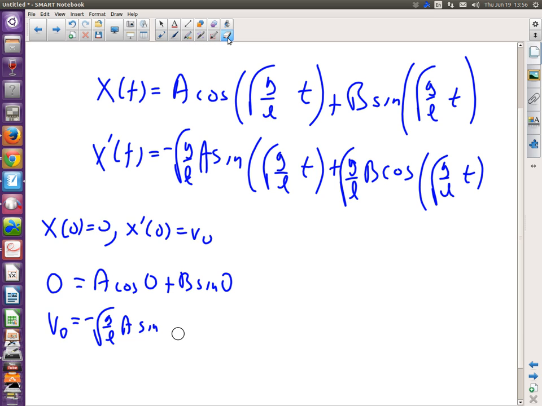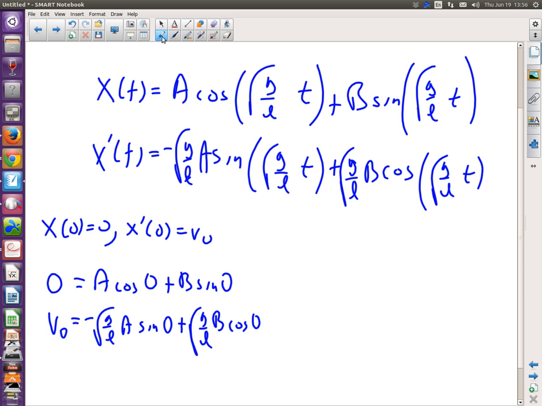Let's just be sloppy. Plus root g over L times b times the cosine of 0. And again, the cosine of 0 is 1, so you get that b is root L over g times v0.